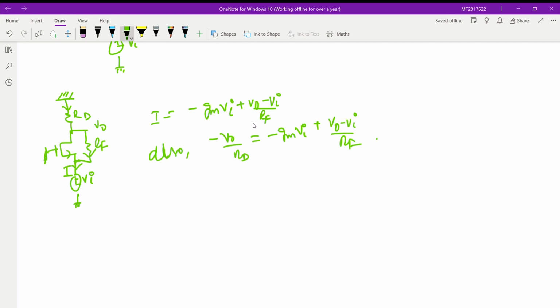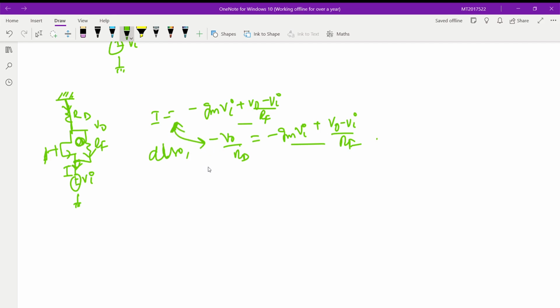So if these two are the same, we can say I is minus Vo by Rd, and that was anyways very clear from the start. There is one node here, current is coming down. There is something going on here, we don't know. There is another node here, current is going down. This current will always be equal to this current. So this is just finding that out mathematically.